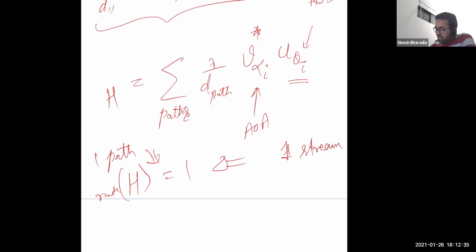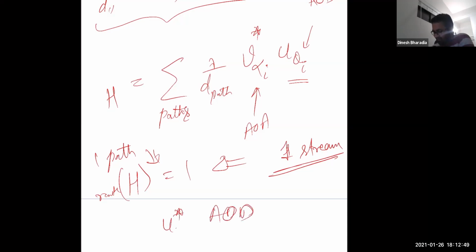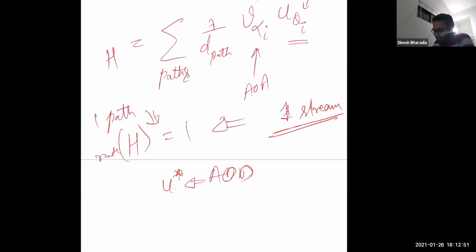And an interesting thing: if you have to precode, precoding is U star, which is the inverse of the angle of departure. And post-decoding is proportional to the angle of arrival, or the inverse of the angle of arrival. Is this clear to everyone?